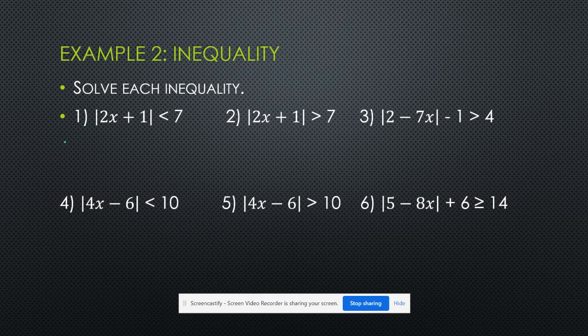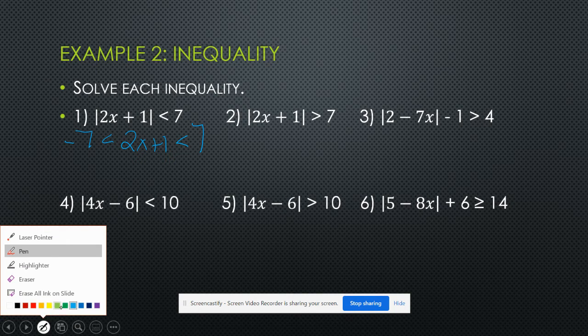That means that we would pull this out to solve by writing -7 is less than 2x plus 1 is less than 7. So we have the inequality here for both of these, and then -7 and 7 for our two values that are 7 units away from 0.